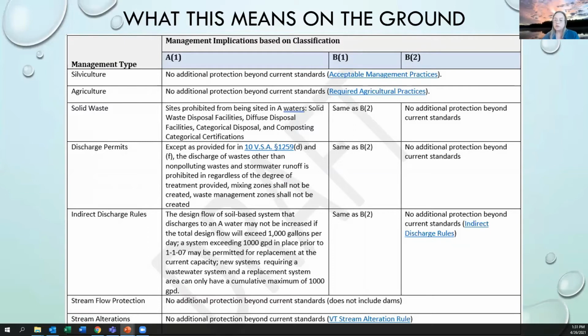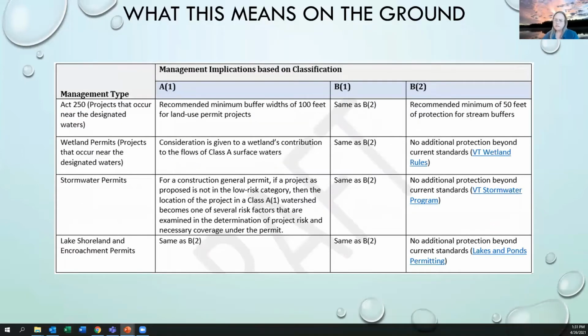Stream alteration, if you need to do something on your stream bank, it's still fine. If you're under Act 250, Act 250 requires a 50 to 100 foot buffer, and if you're in an A1 water, it means you have to go with the larger 100-foot buffer. Same thing with the permits. And it doesn't mean you can't develop. It just means you have to do it in a way that will maintain that exceptional water quality.